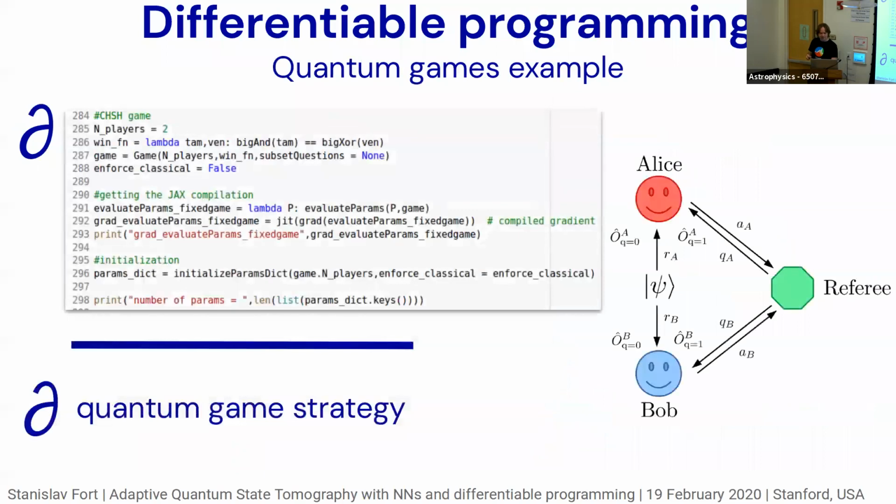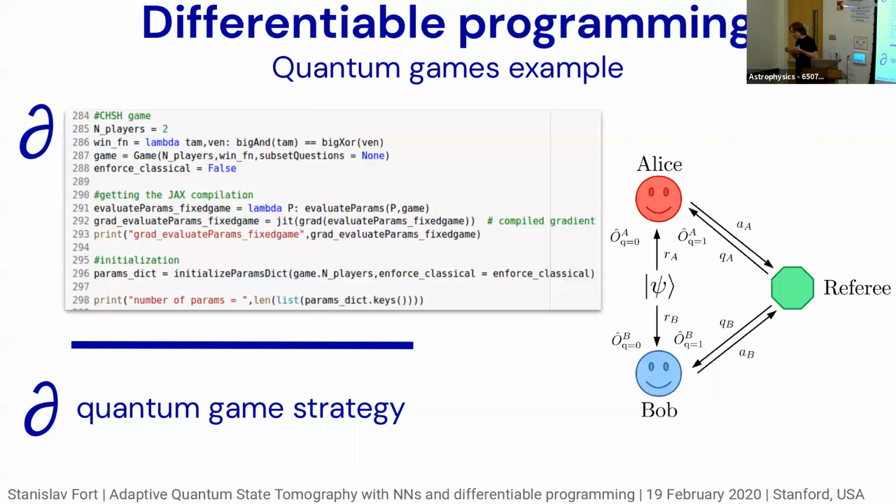Another example, a thing I worked on recently, was learning strategies of quantum games. There is the CHSH game, a gamified version of Bell's inequality. There are Alice, Bob and a referee, and they exchange questions and answer those questions based on what they measure on some shared qubit psi. In this setting, certain behaviors lead to good probabilities of winning, and some of them do not.